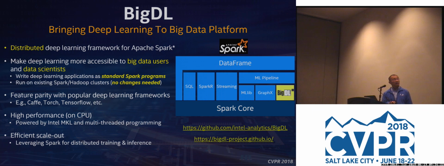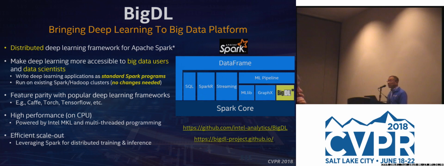On top of that, it has many different libraries for different types of data analysis. For instance, SQL query, R support, streaming support, machine learning with MLlib, and GraphX, which performs graph analysis. On top of that, you have machine learning pipelines and DataFrames.